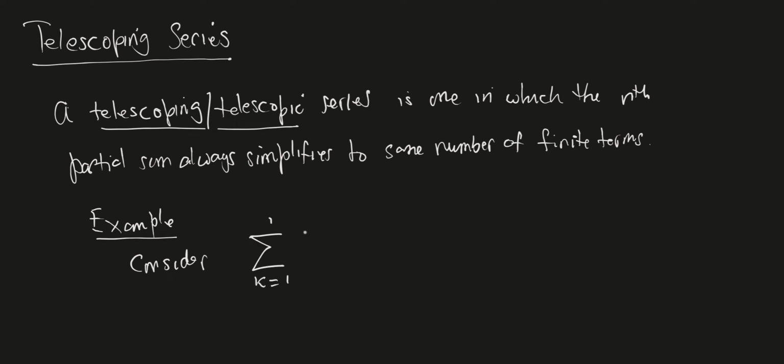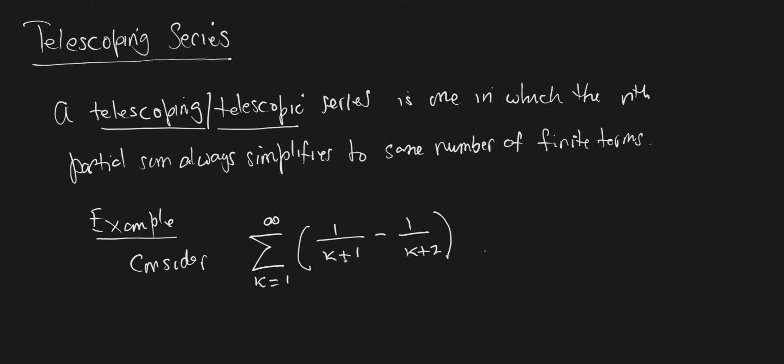Oh, forget my infinity there. So that's our series. Again, all we have here is the difference of two fractions. There's nothing that really stands out about them. Maybe in the denominator, what's interesting is the fact that these expressions represent consecutive integers.